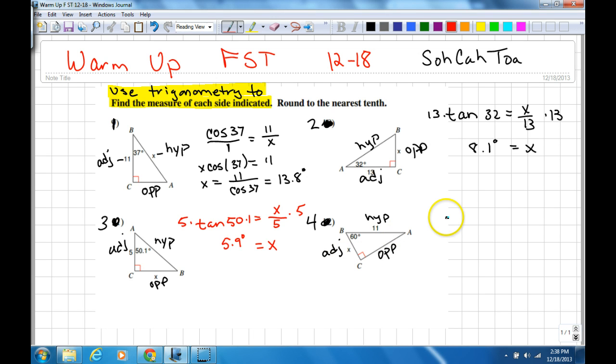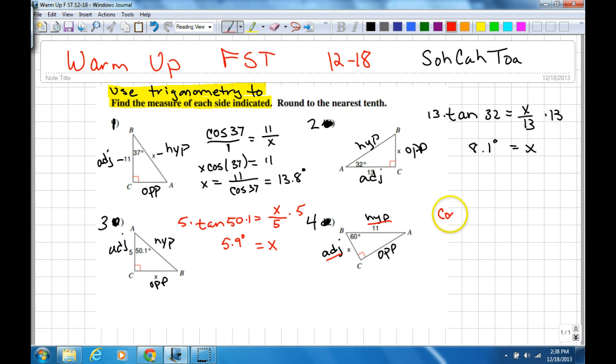All right, so number 4. What sides do we have shown on number 4? Adjacent and hypotenuse, right? So which one uses adjacent and hypotenuse?